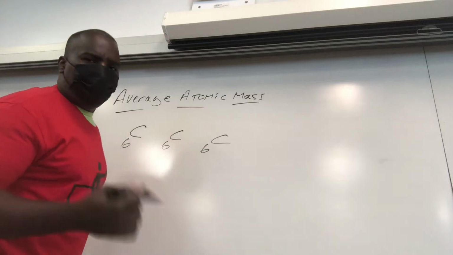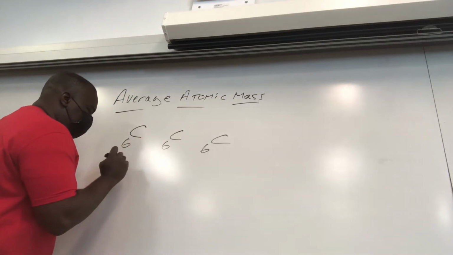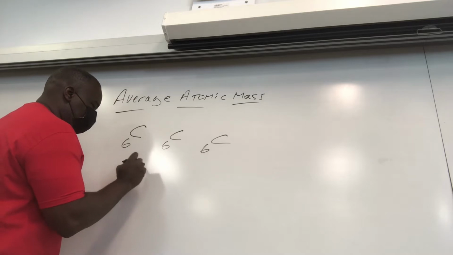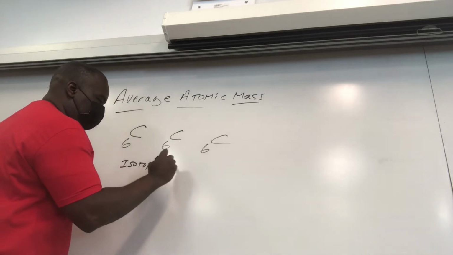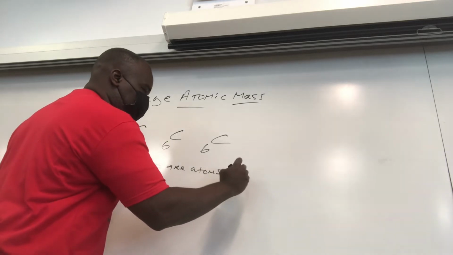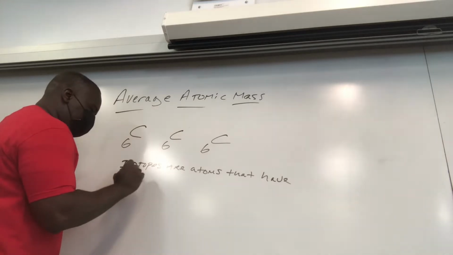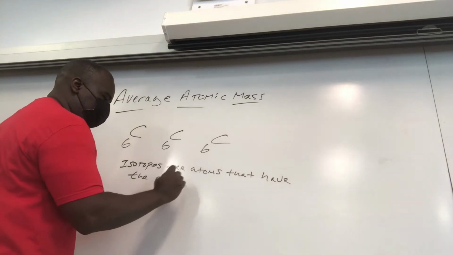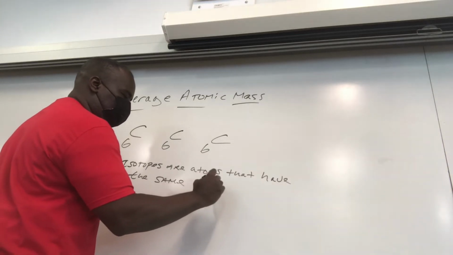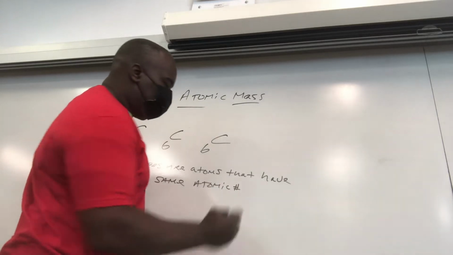Now, we know the definition of an isotope. Isotopes are atoms that have the same atomic number. Remember that the atomic number means the number of protons.